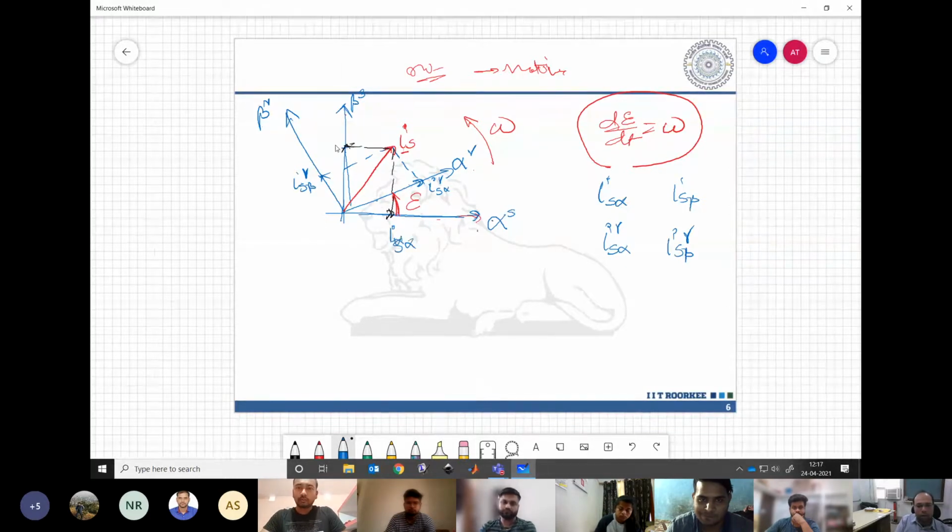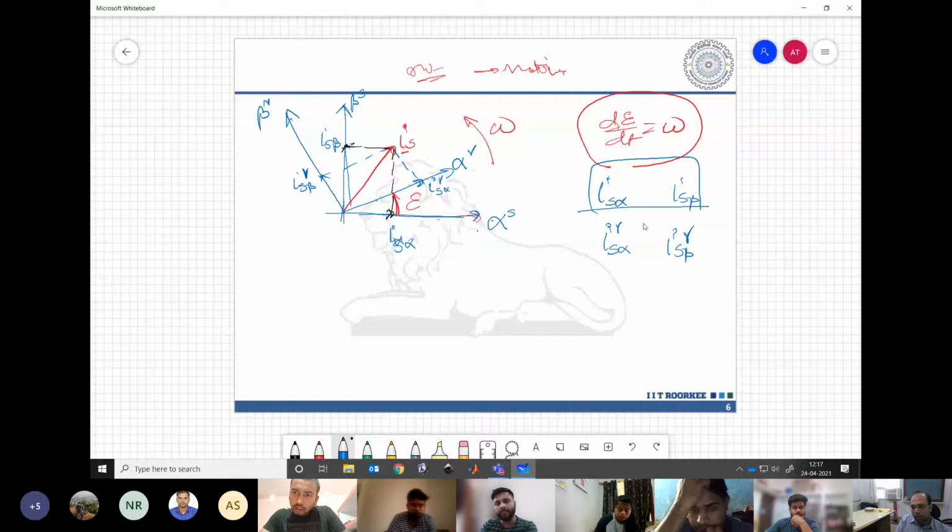We want a correlation between these two pairs of quantities. That is all the meaning of referring a quantity to a different reference frame.